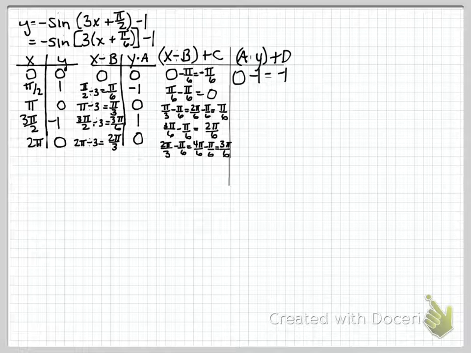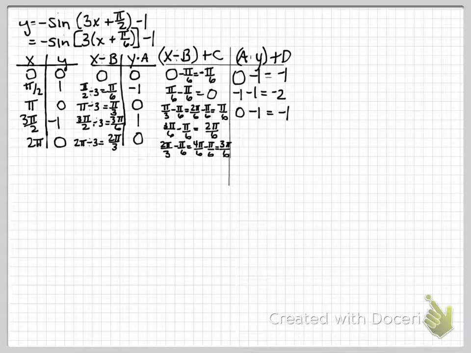That's the first one. -1 minus 1 is -2. 0 minus 1 is negative 1. 1 minus 1 is 0. And then 0 minus 1, negative 1.